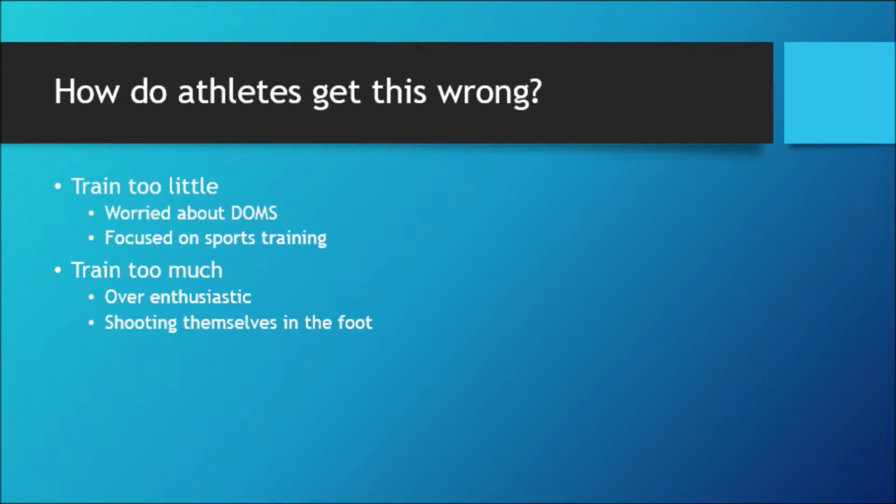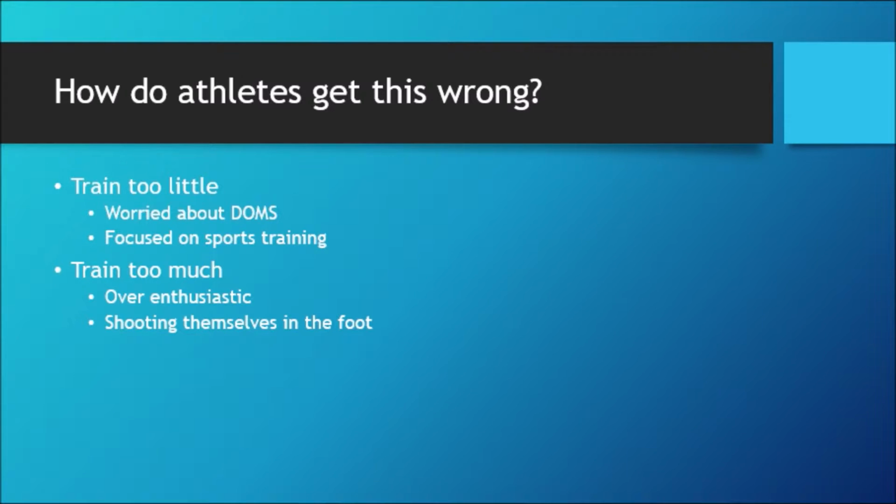Or the other thing is that they're focused on the sport-specific training too much. So in the case of cricketers here, that's that they want to net 3 or 4 times a week. They want to bowl a lot of overs, and they forget about the other physical aspects of their training, their conditioning, their strength work, and things like that.